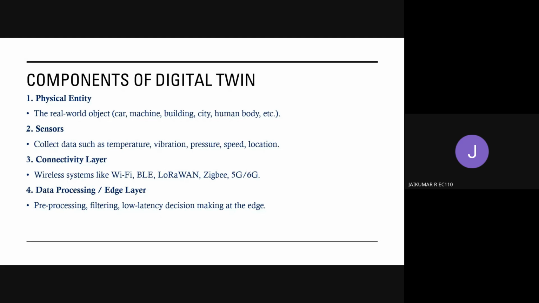Latency means delay, at the edge. You need to reduce the delay of the data, and you need to reduce the noise, and you need to do some pre-processing. That can be done in the edge layer. So the edge layer is located after the connectivity layer and before the digital twin. By using this processing, then we send the data to the digital twin.